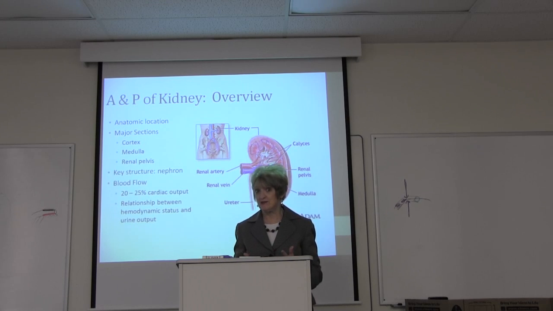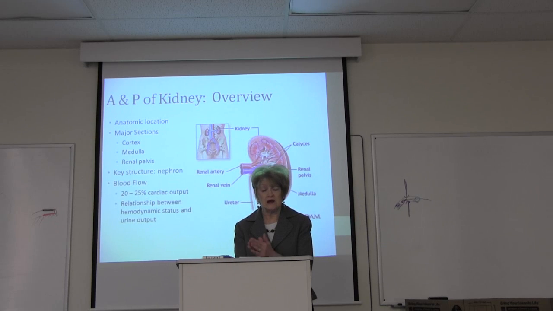We really know this because if we have a patient we're concerned about hemodynamic status, we watch their urine output very carefully. And if their urine output starts dropping below that magic number of 30 milliliters per hour, then we're very concerned about hemodynamic status, about the need for additional fluids, etc. In addition, we know that when patients are in shock, when their cardiac output is very diminished, there can be major damage to the kidneys.